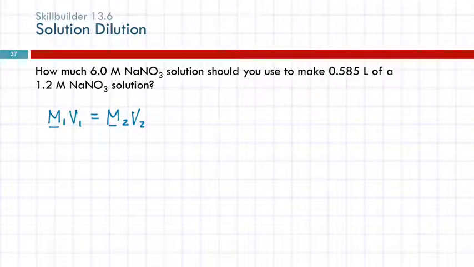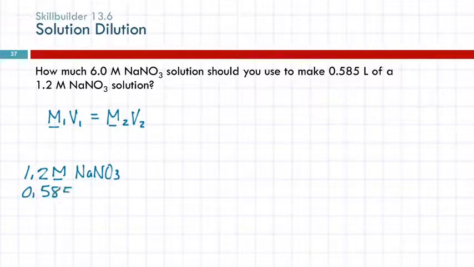So we see that 1.2 molar sodium nitrate goes with this volume. So he says 0.585 liters of this. So those go together. Let's call them 1.